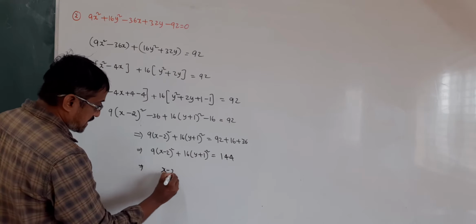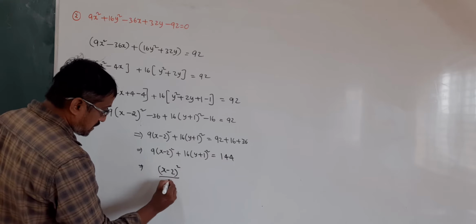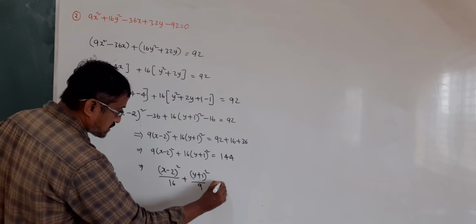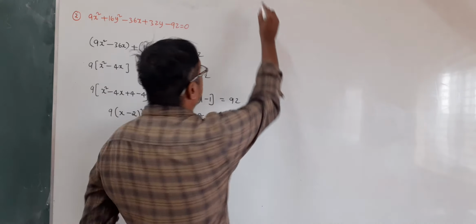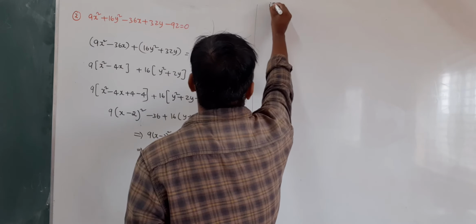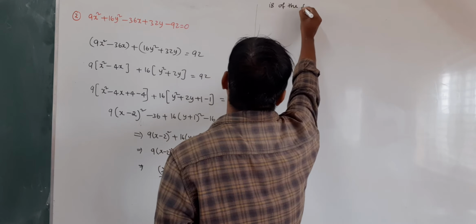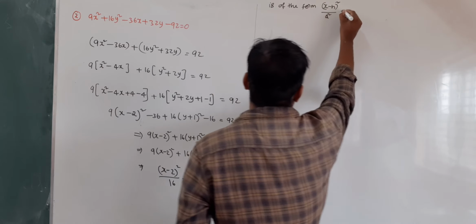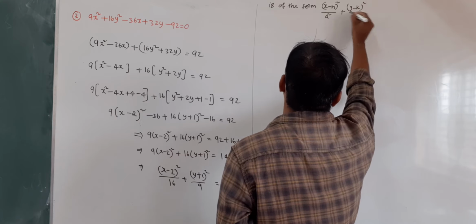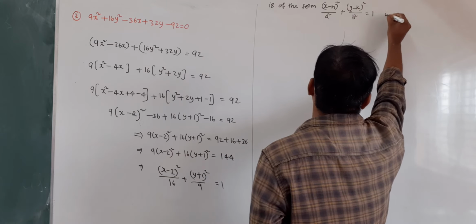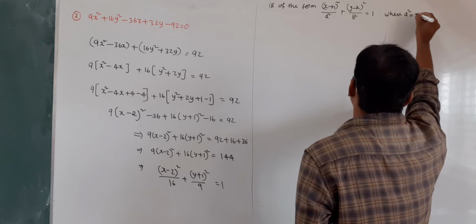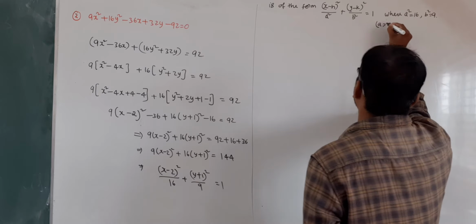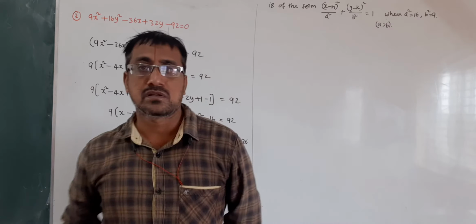So this can be written as x minus 2 whole square by 16 plus y plus 1 whole square by 9 is equal to 1. So this is of the form x minus h whole square by a square plus y minus k whole square by b square is equal to 1, where a square is equal to 16, b square is equal to 9. So obviously a is greater than b. Now this is an ellipse.